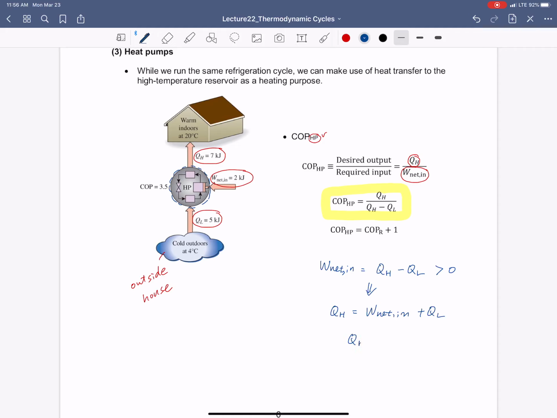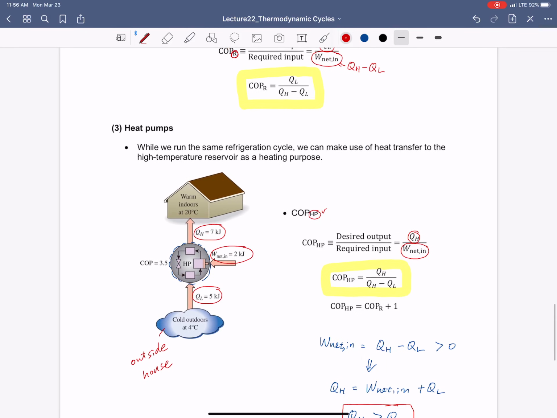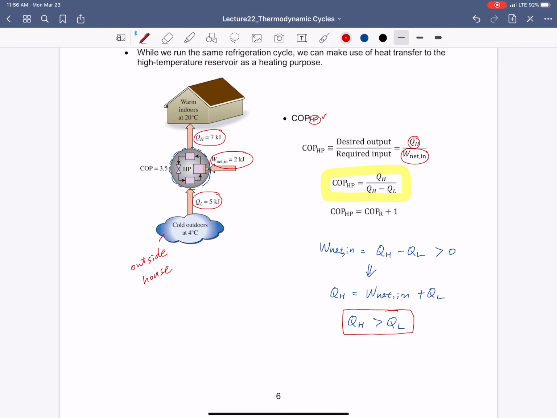So we can conclude that whether you talk about refrigeration or heat pump, QH should always be greater than QL. What it means is that by comparing COP for HP and COP for refrigeration, COP for heat pump is always greater than COP for refrigerator.